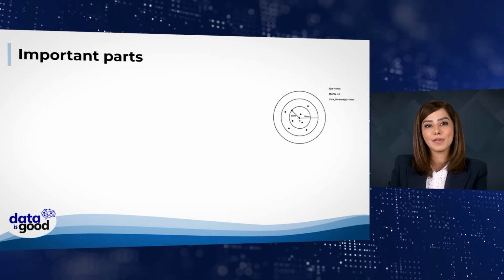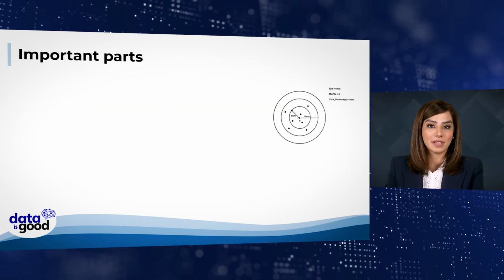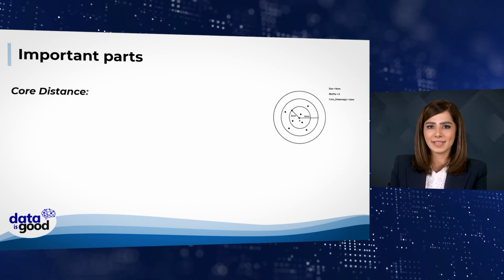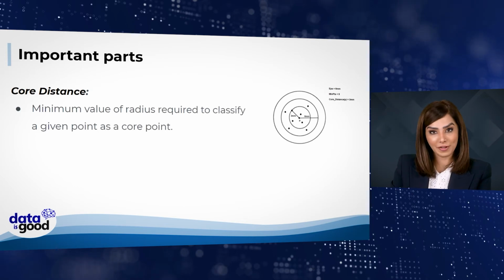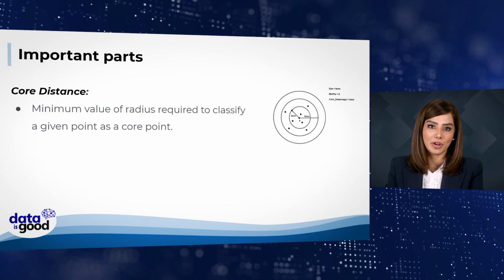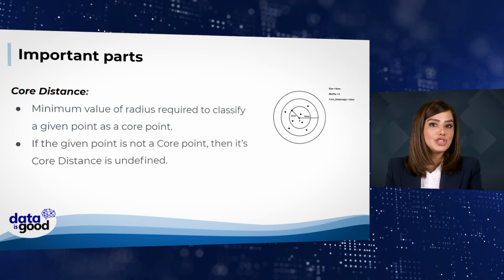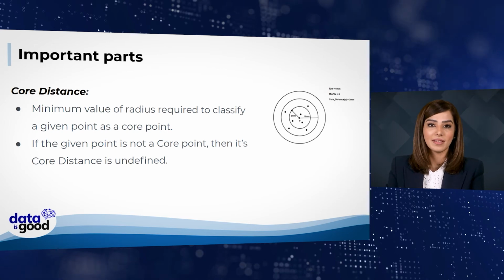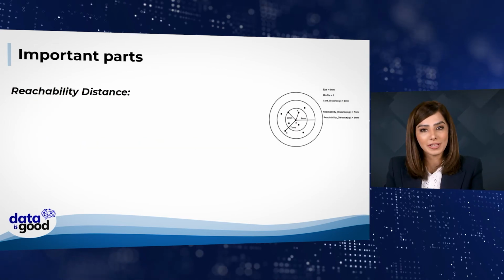Now let's look at some of the important parts of OPTICS clustering. As you can see, the first is core distance. It's the minimum value of radius required to classify a given point as a core point. If the given point is not a core point, then its core distance is undefined. The next one is reachability distance.